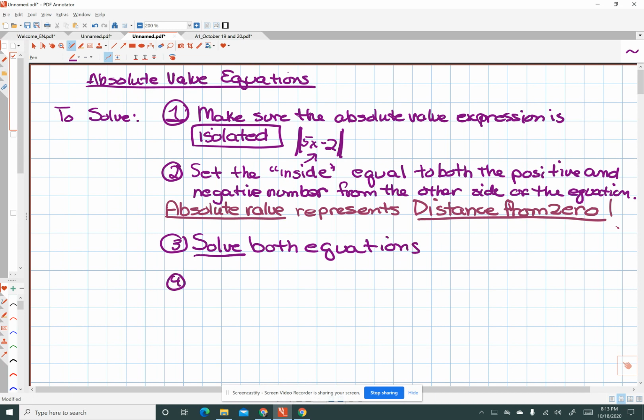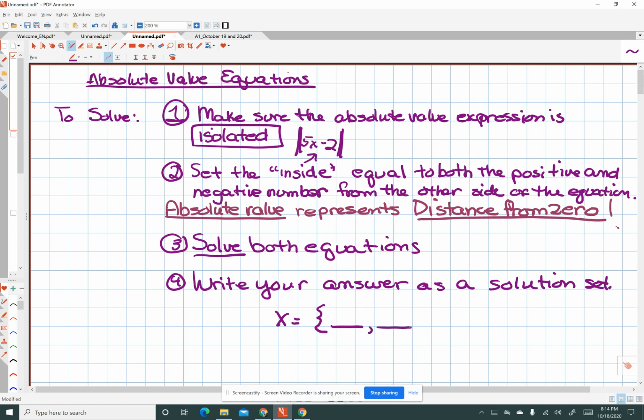Step 4, write your answer as a solution set. And that will be x equals, we will use brackets, a number, comma, another number, close the bracket. That is how we represent our answer when we do absolute value equations.